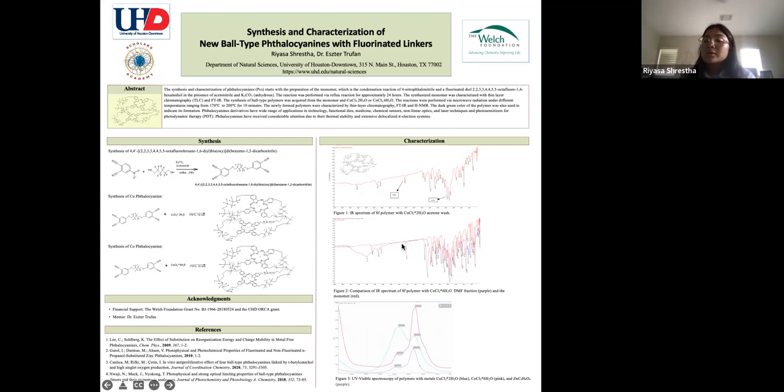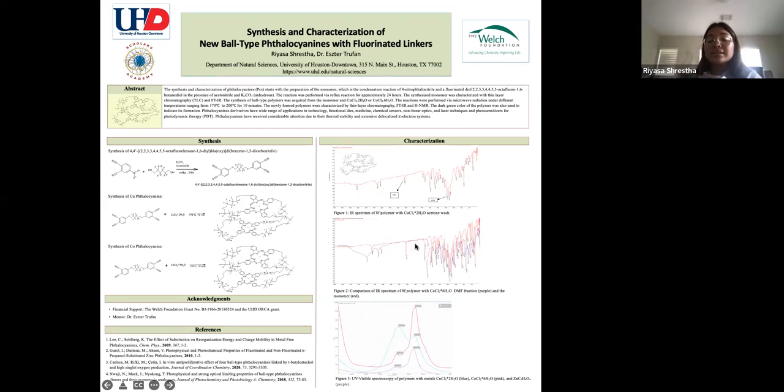So the main peak that we're looking at is this 2235 peak, which is the peak for the C≡N triple bond, which is seen in the monomer. So essentially, we want the monomer to be consumed in the reaction. So this peak shouldn't be there at all whenever we get the ball-type phthalocyanine. The most pure sample that I've gotten is the sample in figure 2. As you can see, for the ball type for cobalt chloride, the 2235 peak is very little. It's not as intense.